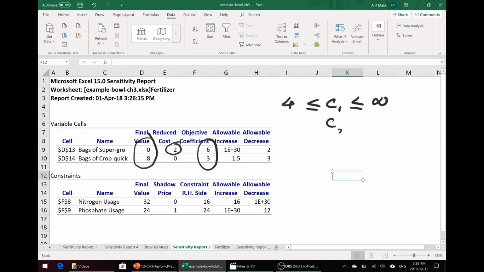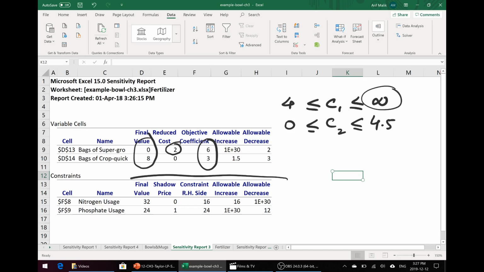And for C2 we have the upper is 4.5, and 3 minus 3 is equal to 0. All right. Now you can see that the first one is making sense because the cost is already high, and this is not in the solution mix. So if we keep increasing the cost up to infinity, the solution mix is not going to change.